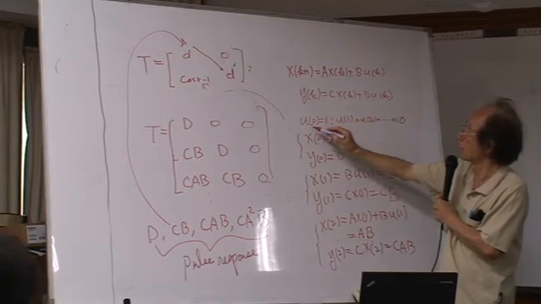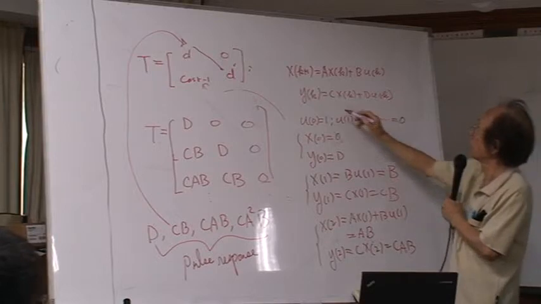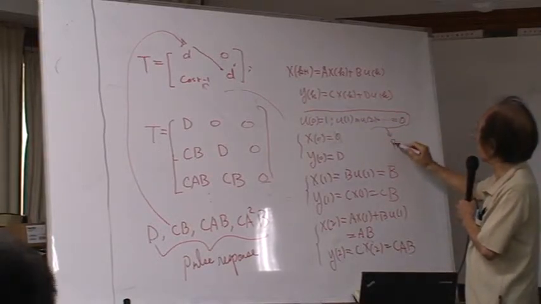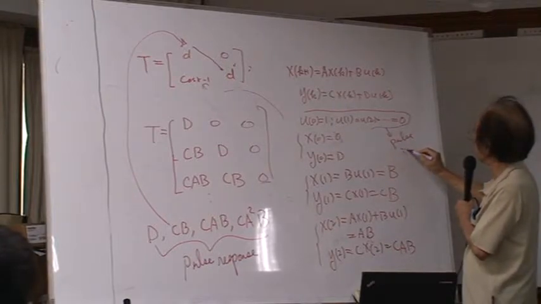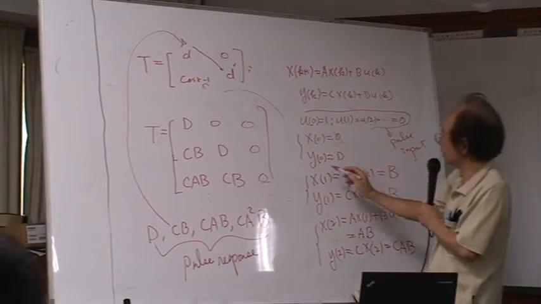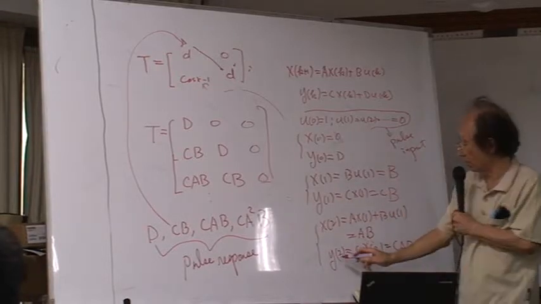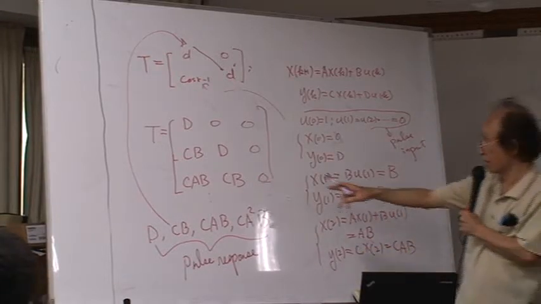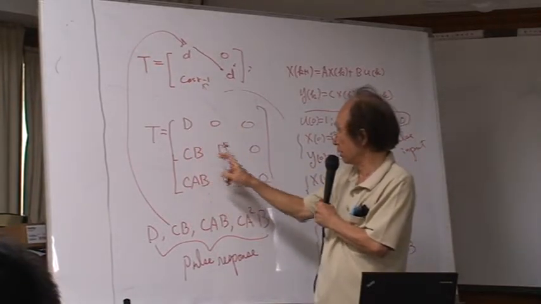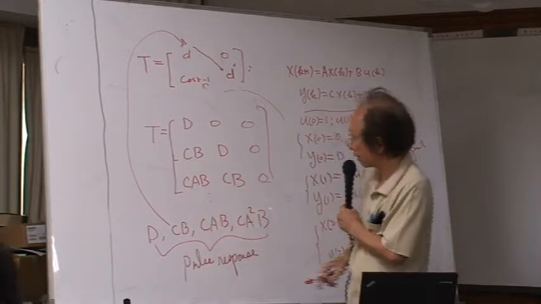Now we give them the pulse. U0 equal to 1, U1 and U2 all equal to 0, and that we call the pulse input. Alright? So the pulse input gives you the pulse response. Y0 equal to D, Y1 equal to CB, and Y2 equal to CAB. That's exactly it. T equal to D 0 0, CB D 0, CAB CB 0. If you have more, then you can just keep going.